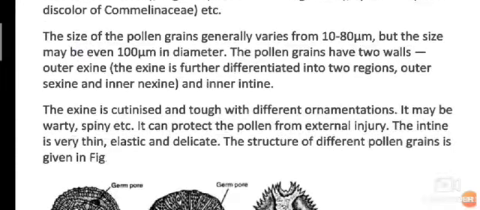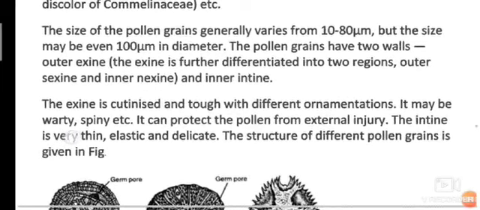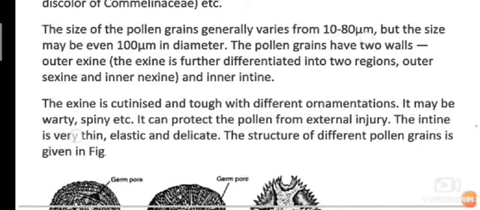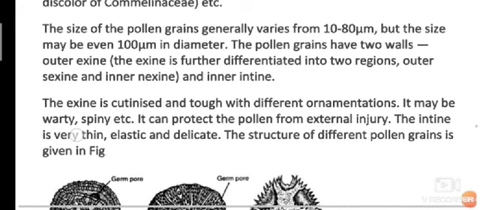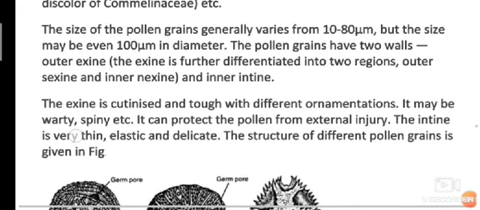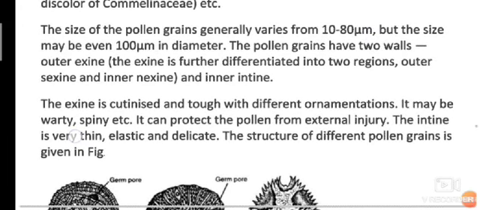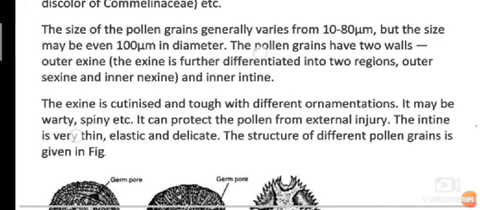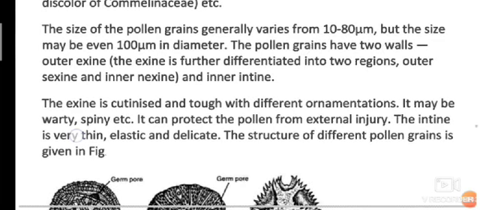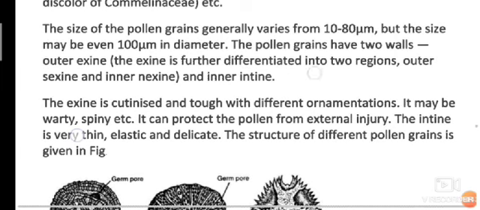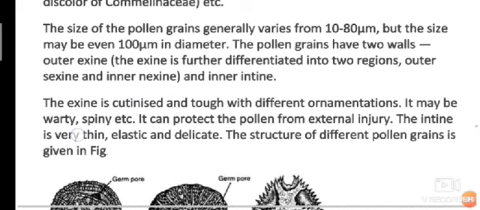The size of the pollen grains generally varies from 10 to 80 micron, but the size may be even 100 micron in diameter. The pollen grains have two walls, the outer exine and the inner intine. The exine is further differentiated into two regions, the outer sexine and inner nexine.